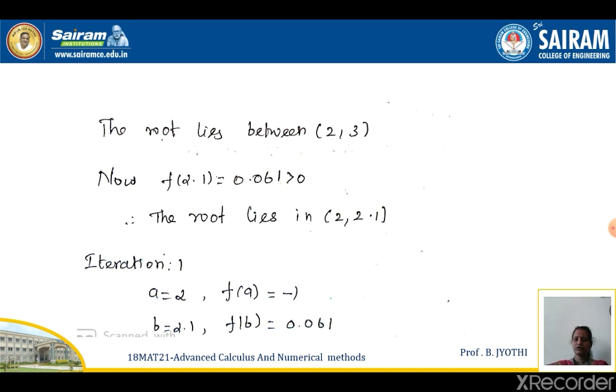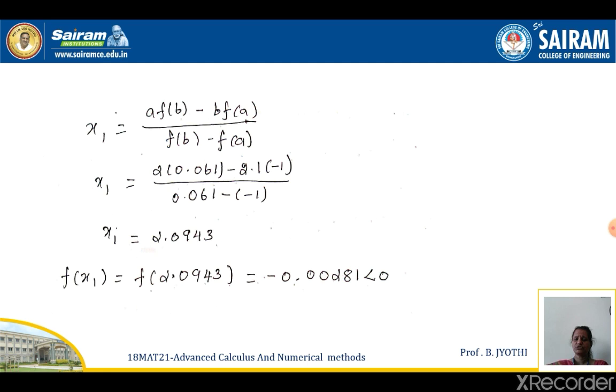As we have already computed f(a) and f(b), substitute in order to find the value of x1 in the formula. That gives x1 as 2.0943. But f(x1) is negative.